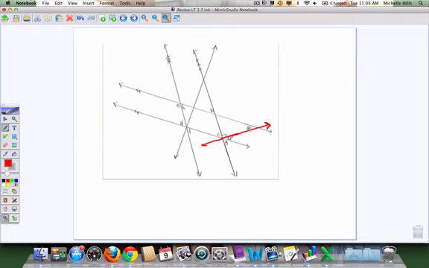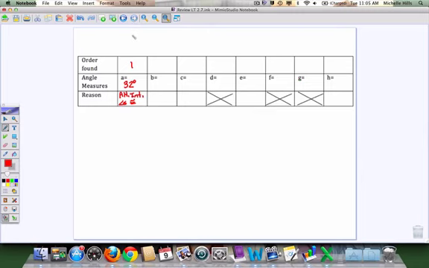So once I know A, I look and say, okay, the next one that draws my attention is G. Not that it has to be the next one, but it is. Because if this is perpendicular, then the 32-degree angle and the one measuring G are complementary, so their sum has to be 90 degrees.